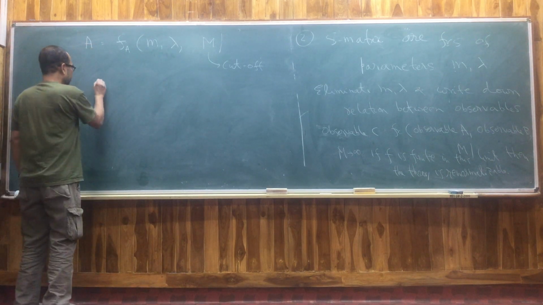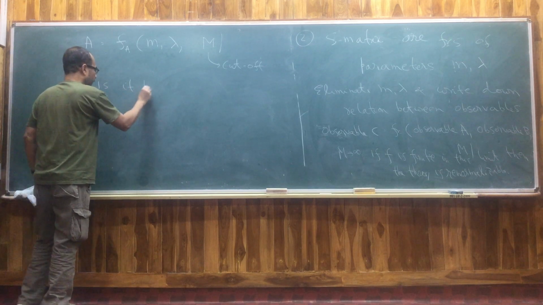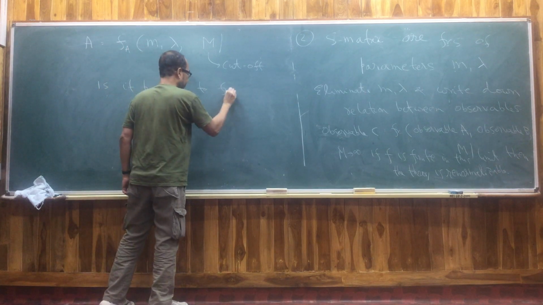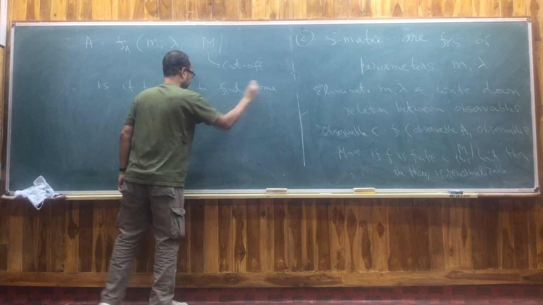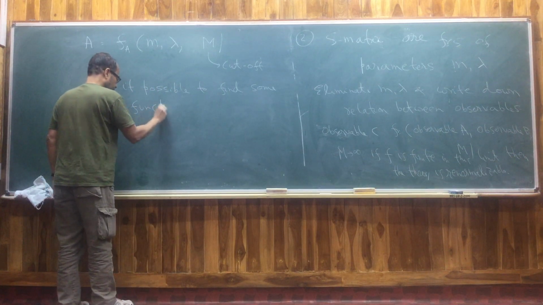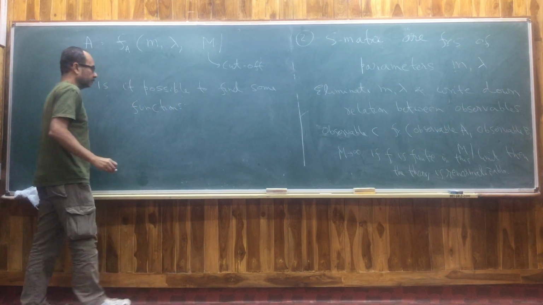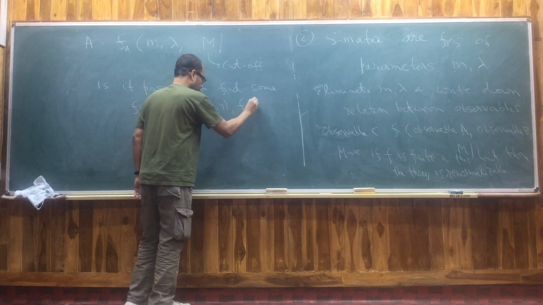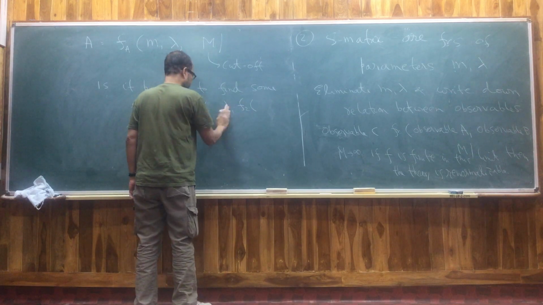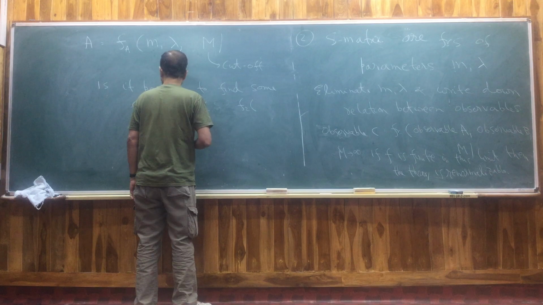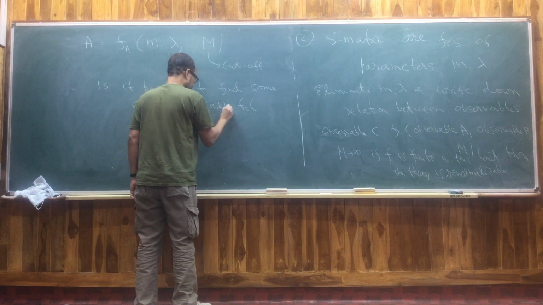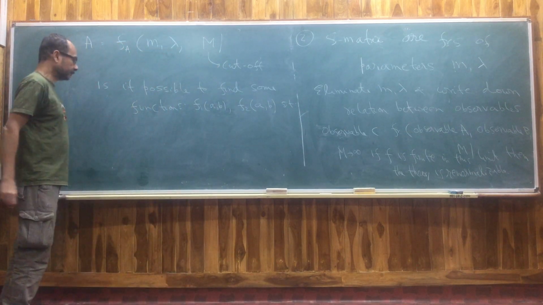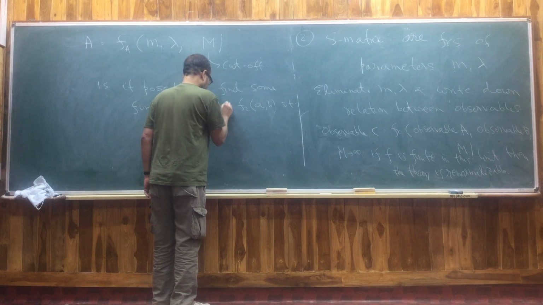So we ask the question: is it possible to find some functions f1 and f2, let's call the arguments a and b, f2 of a and b, such that these are a, b and lambda and m.